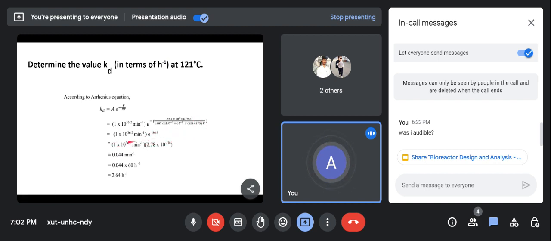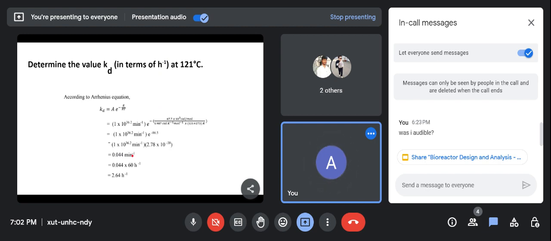As you go on solving this, you will get an answer of 0.044 per minute, because the value of A is given in minutes. But the question is asking you to find the value in terms of per hour.